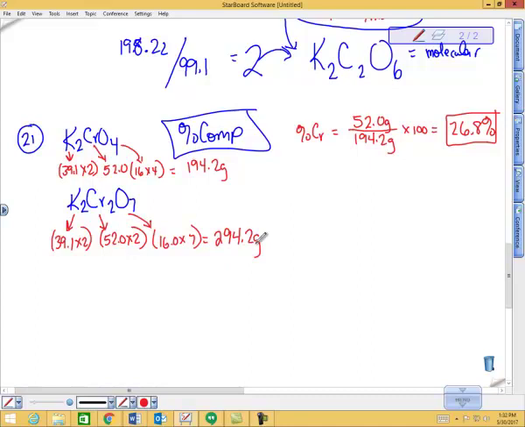Okay. All right, so the second compound, percent chromium, will look a little different. Instead of saying 52 on the top, we need to say 52 times 2. So I'm going to just do that real quick on my calculator. That gives me 104. So I'm going to place 104.0 grams on the top. The grand total this time is 294.2 grams. That'll be on the bottom, and times it by 100.